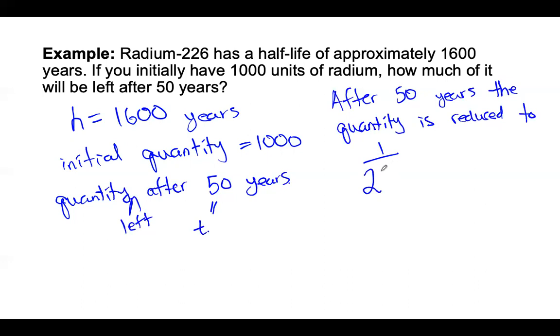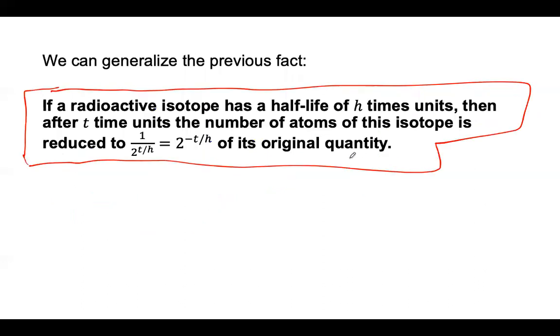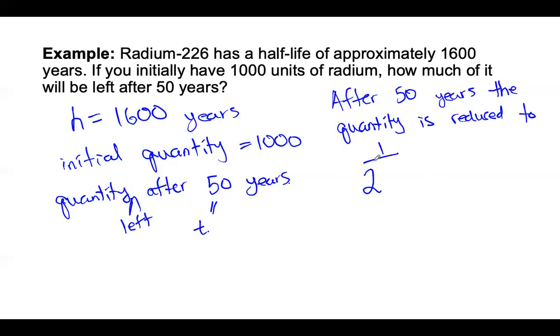To the exponent, the T goes up top, so 50 divided by our half-life, which is 1600, of what it originally was, which was 1,000.